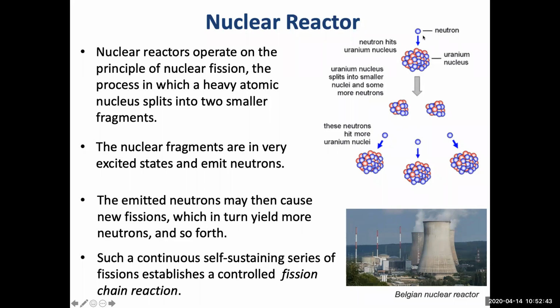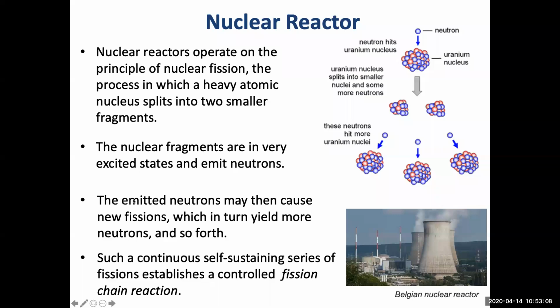So this is the first one. A neutron hits the uranium nucleus. This uranium nucleus will be split into smaller nuclei, many parts, and we get more neutrons. These neutrons also hit more uranium nuclei, and the emitted neutrons may then cause new fissions, which in turn yield more neutrons, and so forth.